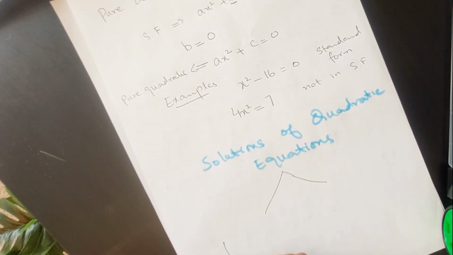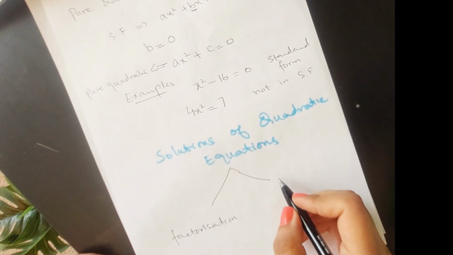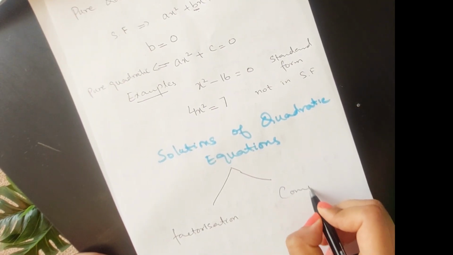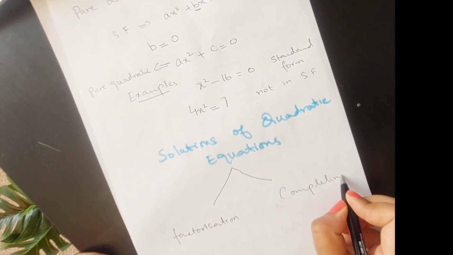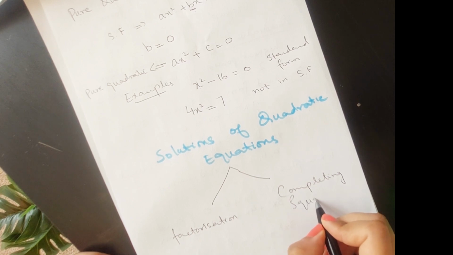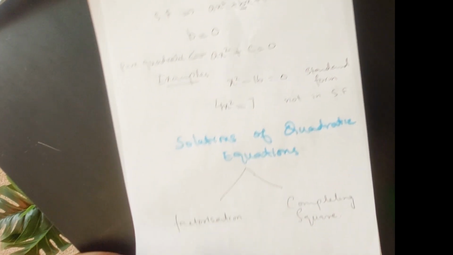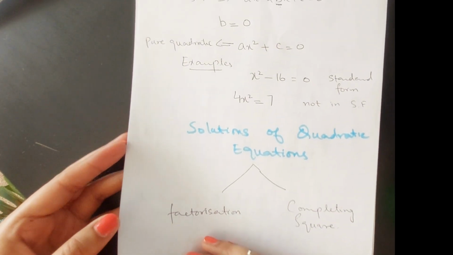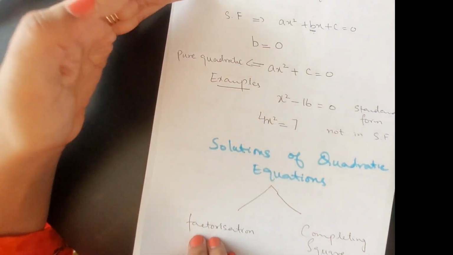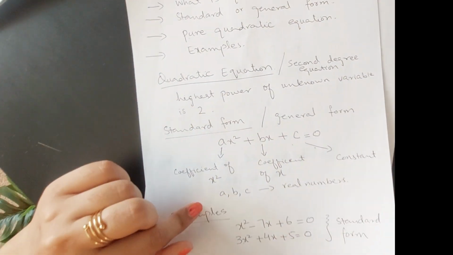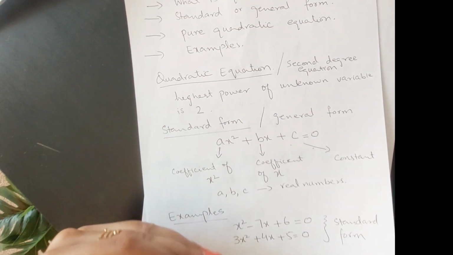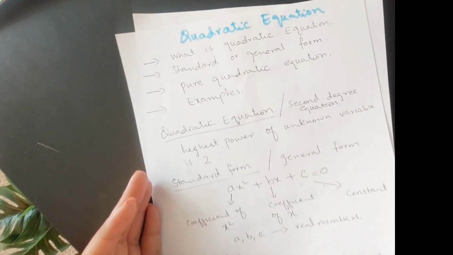One is factorization, while the other one is completing square. Okay, so this was the first lecture. I hope you understand, and do take some examples of quadratic equation and pure quadratic equation, and in the next video we are going to explain it.